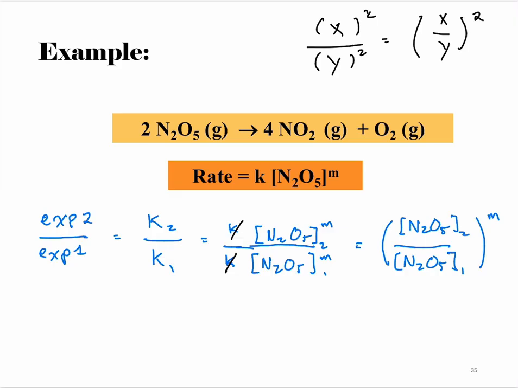So these two things are equal to each other. And so now we know that if we don't have perfect halving, doubling or quadrupling of these values, we can just take these ratios and actually solve for m explicitly.